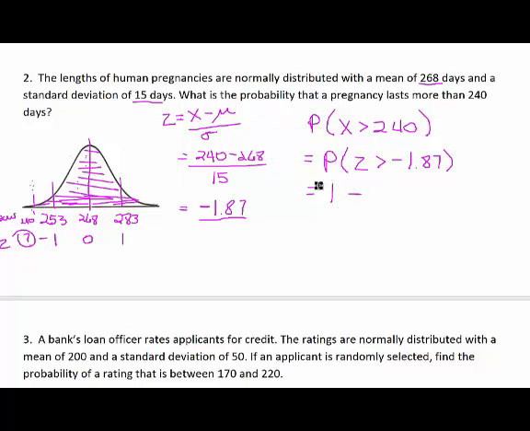Look up negative 1.87, and that gives us 0.0307. When you do 1 minus that, it's 0.9693. What that means is, if you pick a pregnancy, 97% of the time that pregnancy is going to last more than 240 days. And so that's how you do it.